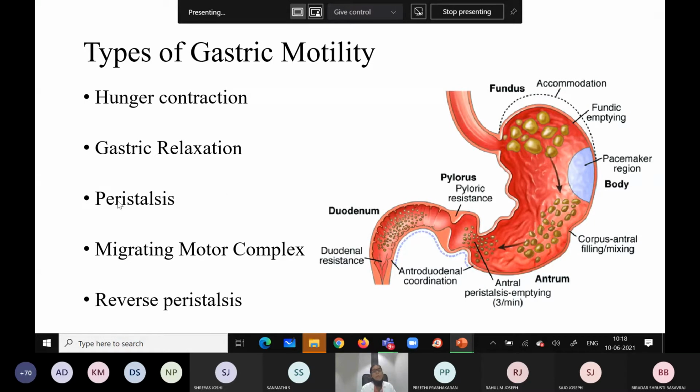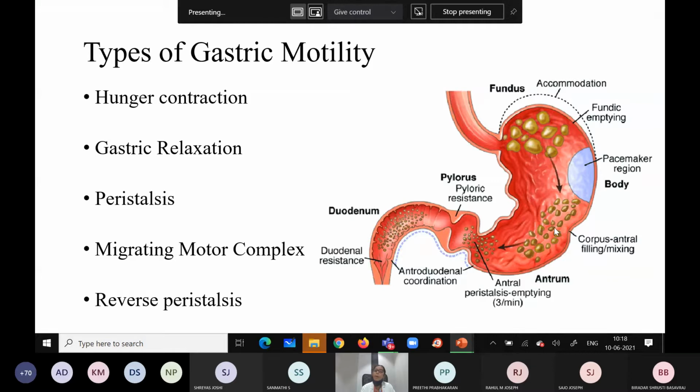Okay, then we have the peristaltic movement. These are ring-type contractions, so there is a ring of constriction. Here the circular muscles will constrict and propel the content forwards, and beyond the food there will be a relaxation.